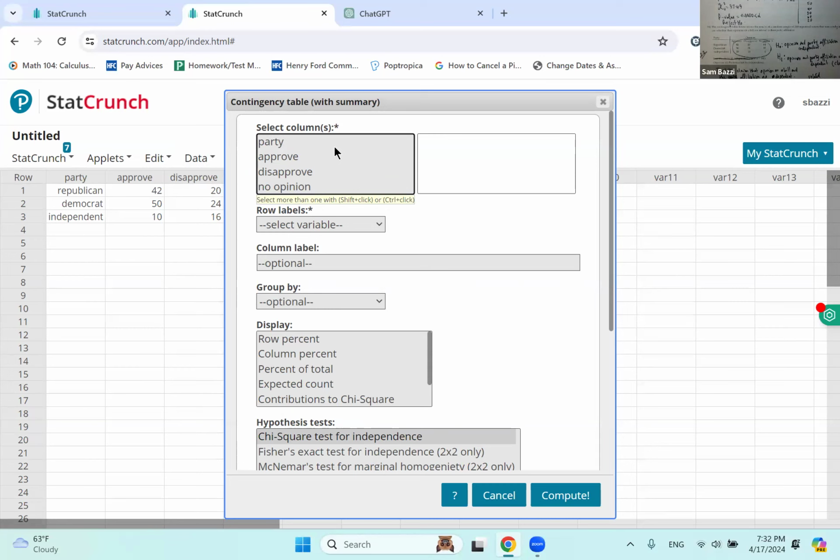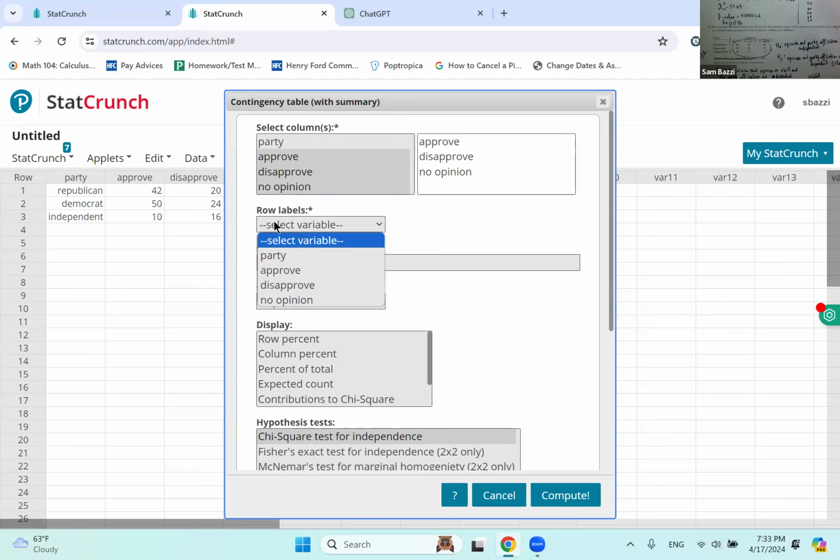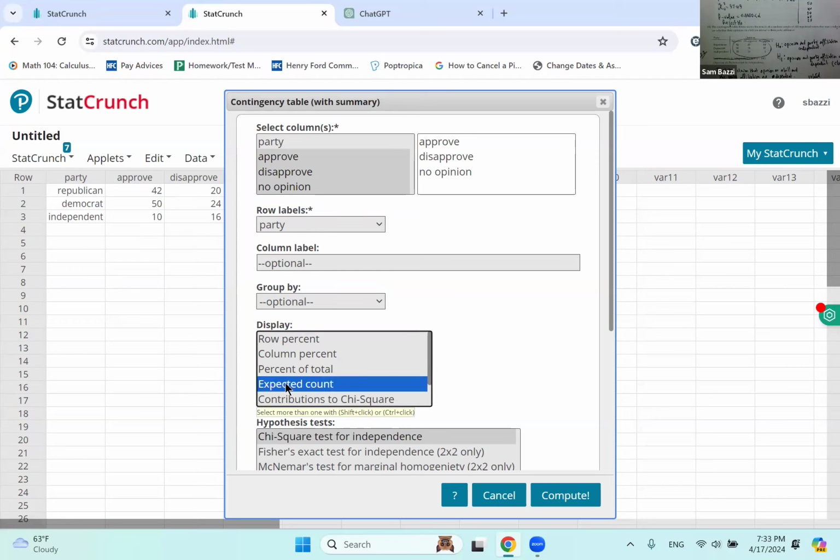So I'm doing that right now, and you do this: approve, disapprove, no opinion. Row labels. You select the first one that you typed right here in the corner: Party. And if you want the expected values, you can just select the expected, it will show you the expected values, and let me hit compute.